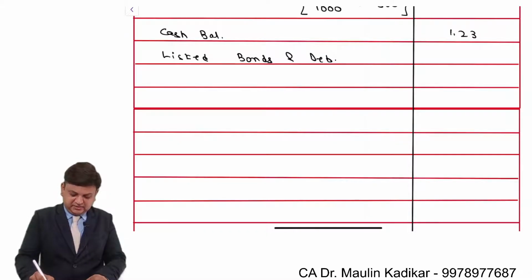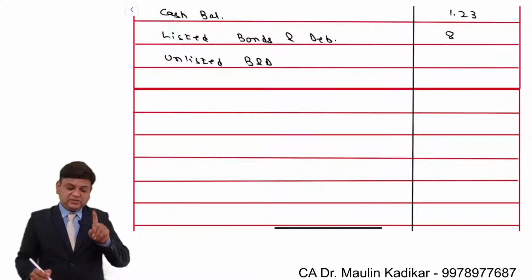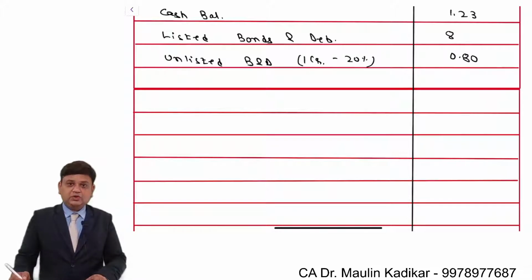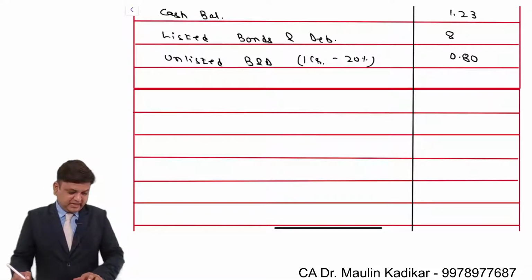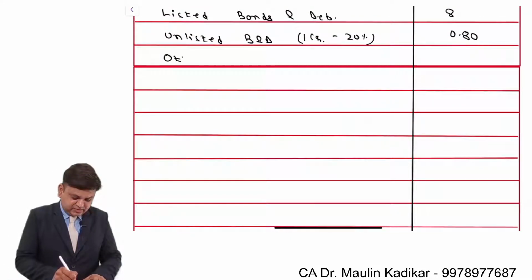In the last line, unlisted bonds and debentures. Its cost is 1 crore minus 20%. So it is 0.8 crore. Afterwards, other fixed interest securities. You have to explain that.